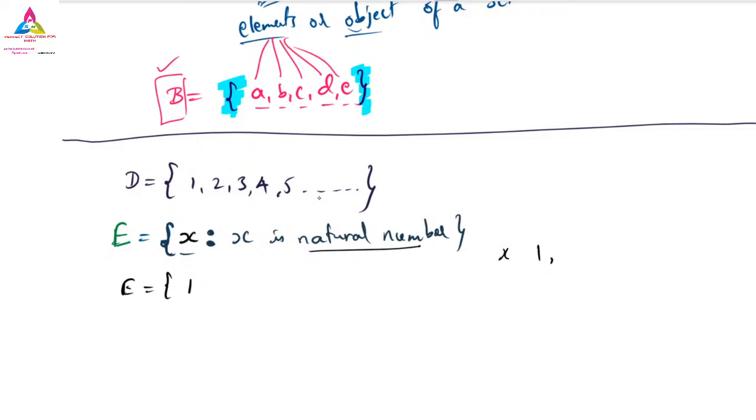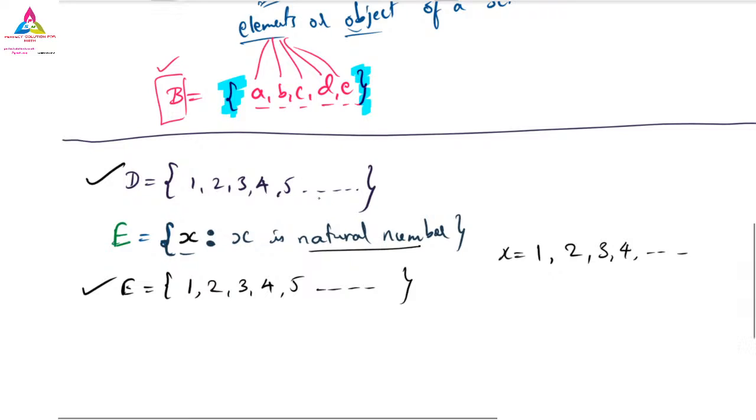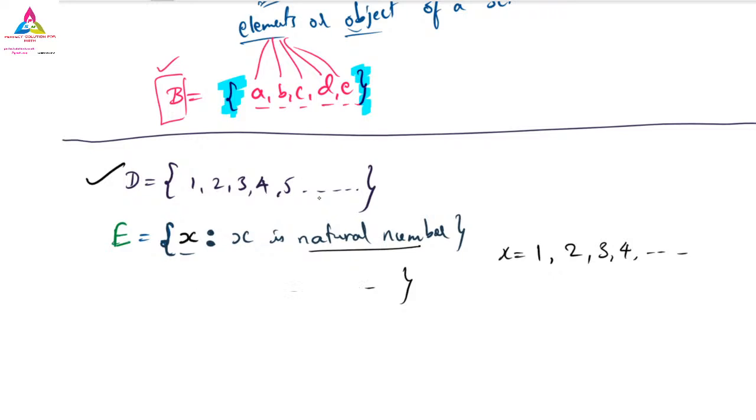The x value may be 1, 2, 3, 4, so every time the x value increases. You can see the same values in D and in E, but we can represent a set in two different ways. That is the idea behind this.